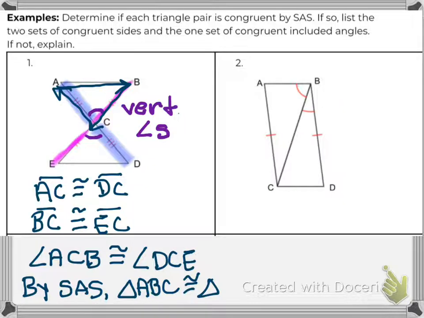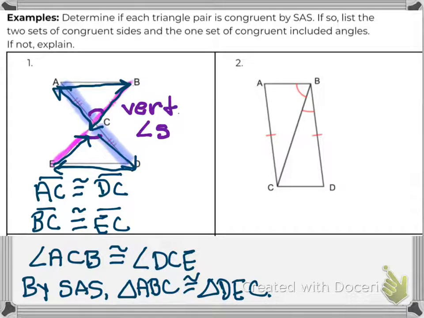So I started on my blue side on my first triangle, so I need to start on the blue side of my second triangle. And I went towards the pink, actually, along the unhighlighted side. So I'm going to start at D to E, and then along the pink to C. Okay, again, that's because the order matters on how you name a triangle.